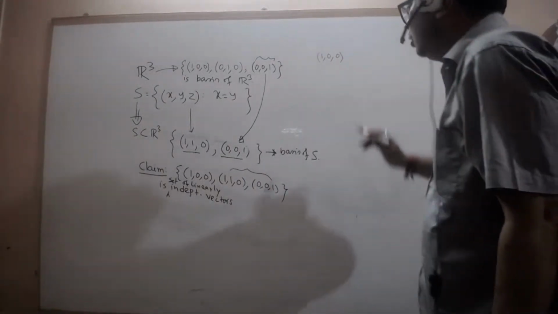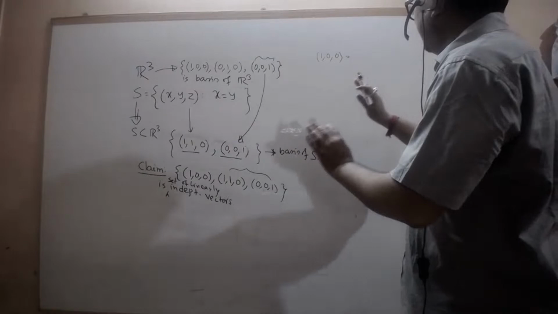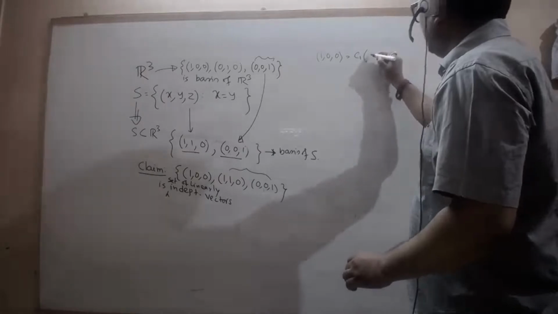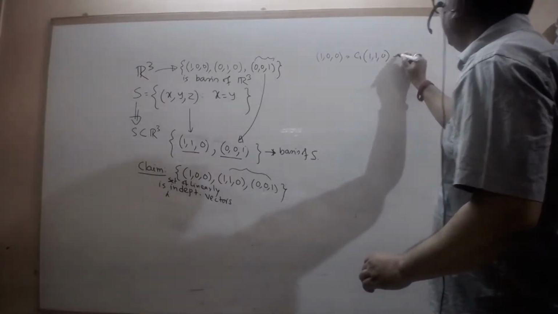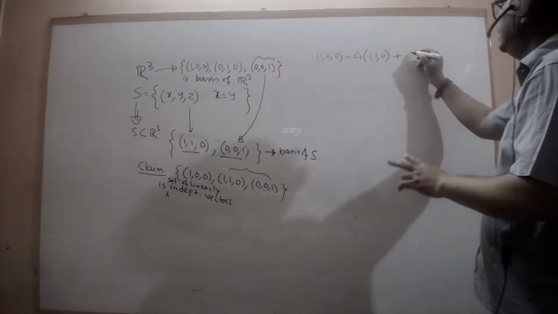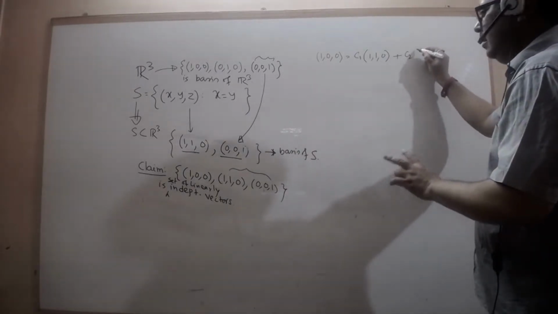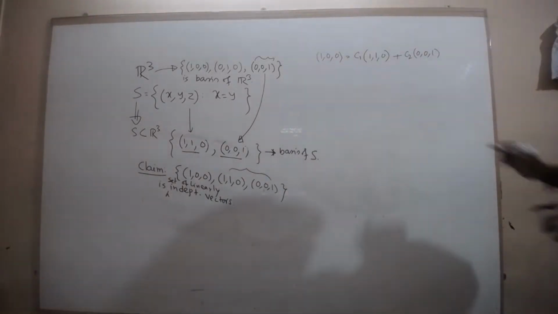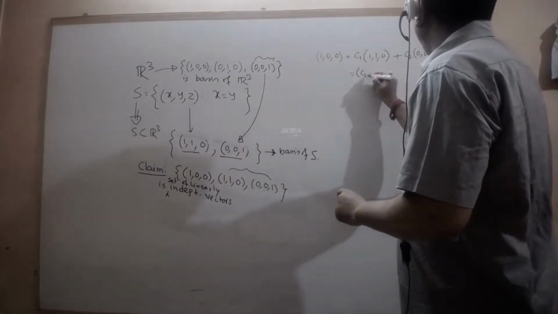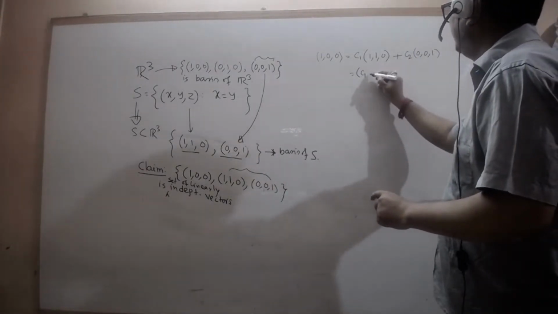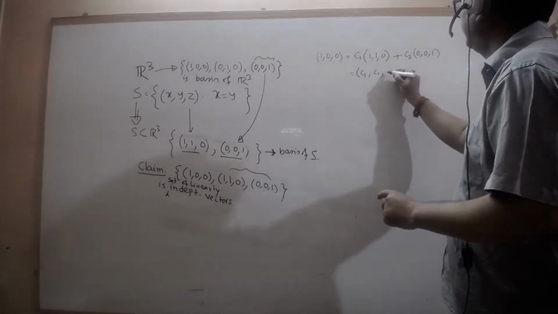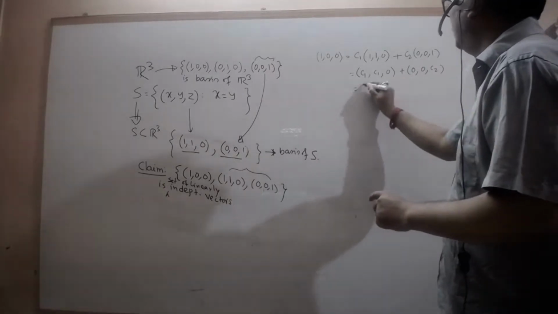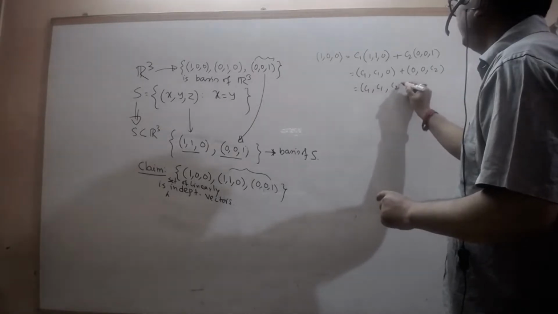So this is the assumption. So this should be written as a linear combination of C1, 1, 1, 0, and C2, 0, 0, 1.